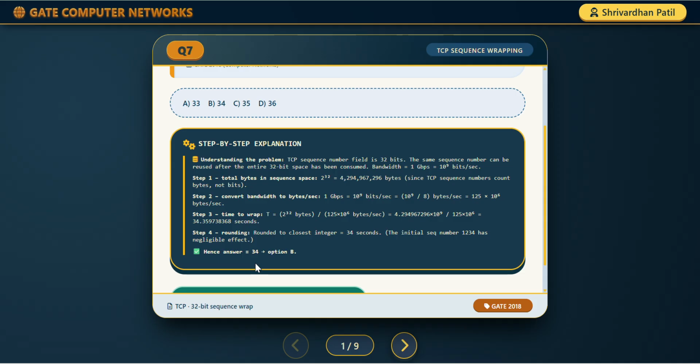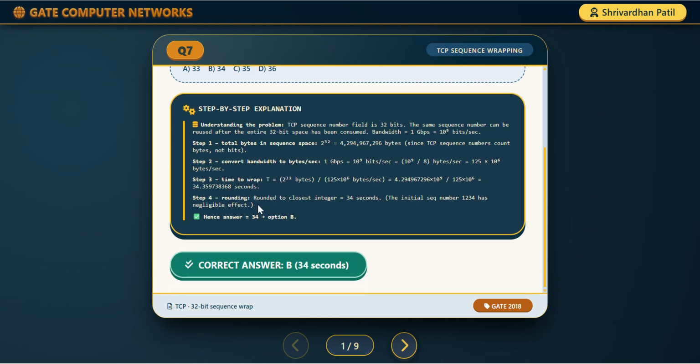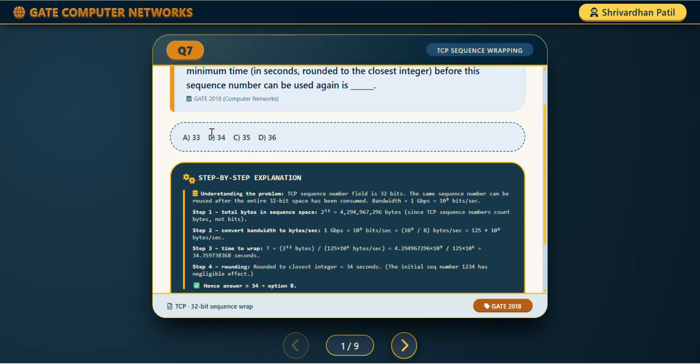The calculated bandwidth will be converted into bytes, and the time to wrap will be calculated as shown in the question answer, step by step. Step four will be the final step. We will round it to the nearest integer, which is 34. So the answer is option B, which is 34. Next question.